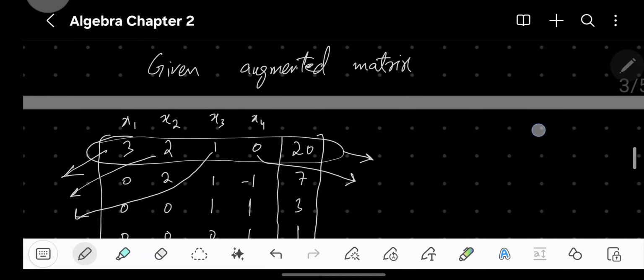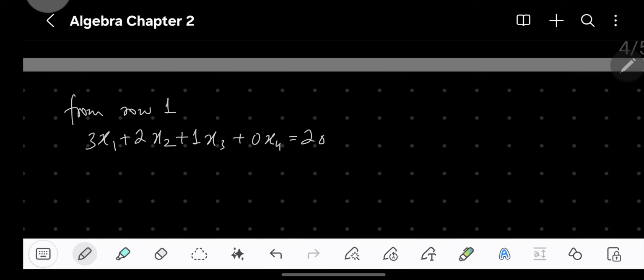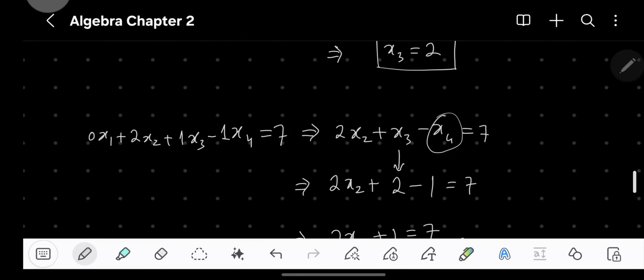So what will I write? 3 times x1 plus 2 times x2 plus 1 times x3 plus 0 times x4 is equal to 20. This is obtained from row 1, and the earlier one was obtained from row 2.